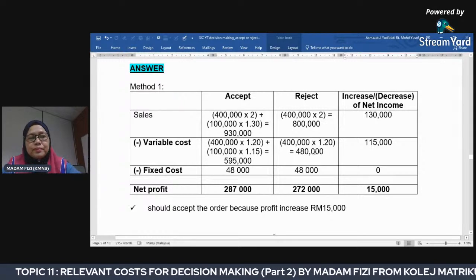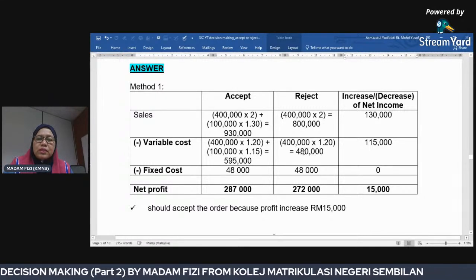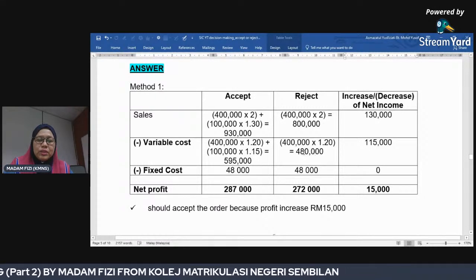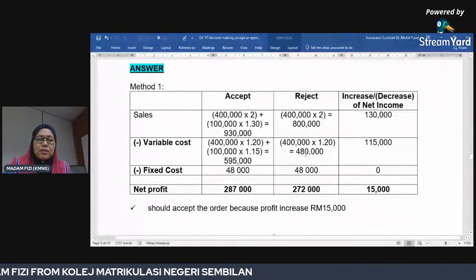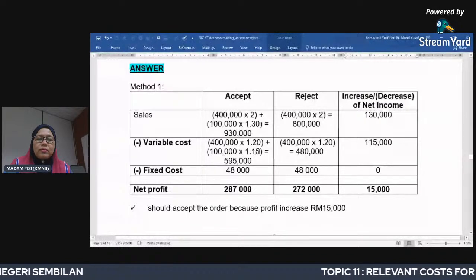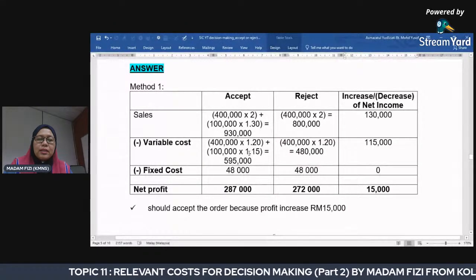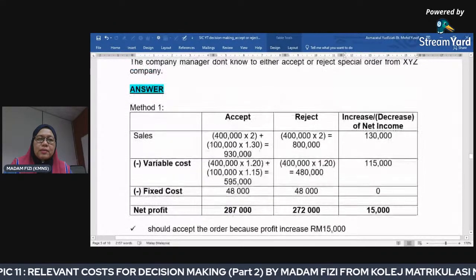So the total of variable cost is 480,000. But if we accept the order, the special order, okay, you have to add the what was not there just now? What was not there just now is the distribution cost and what was it?